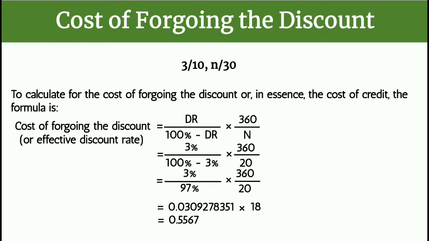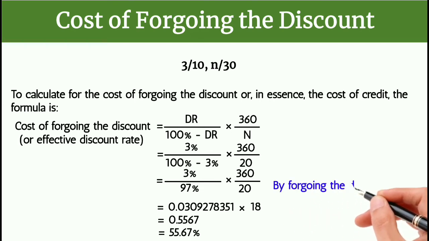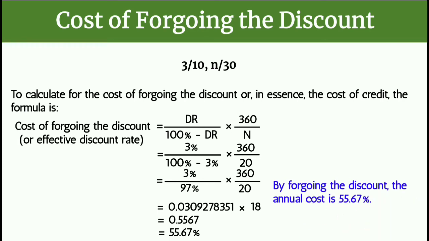Therefore, the cost of foregoing the discount or effective discount rate is 55.67%. That means by foregoing the discount, the annual cost is 55.67%. And this is the debtor's cost of borrowing.